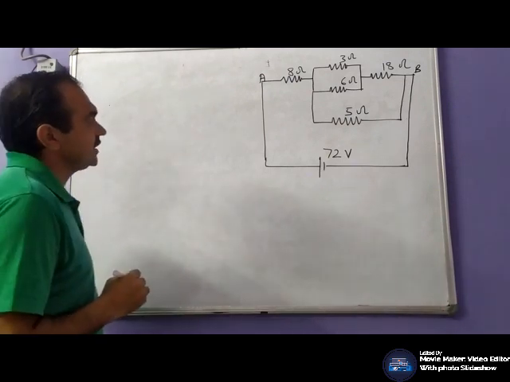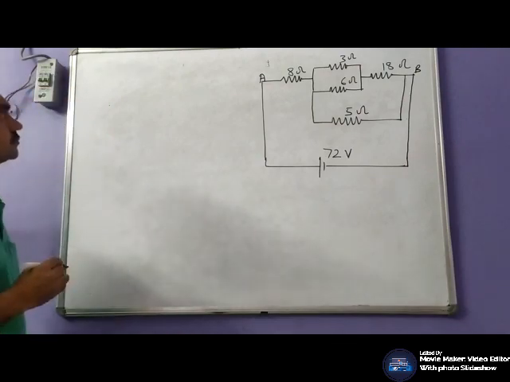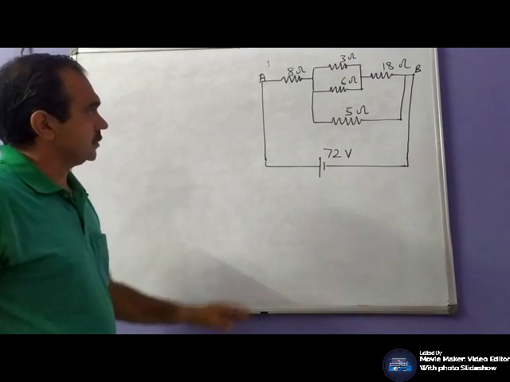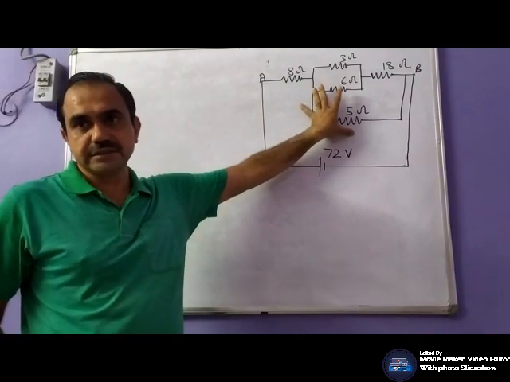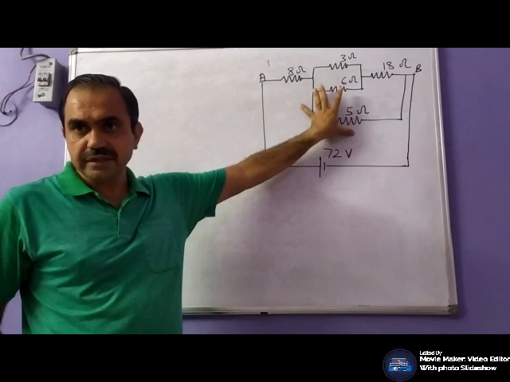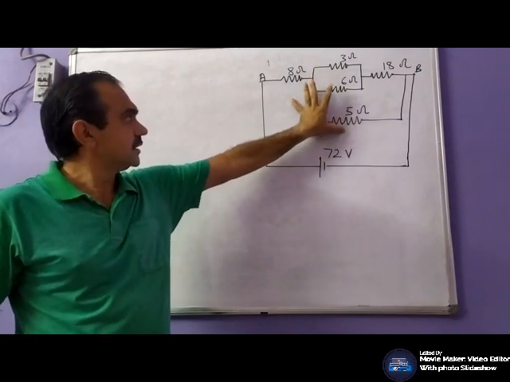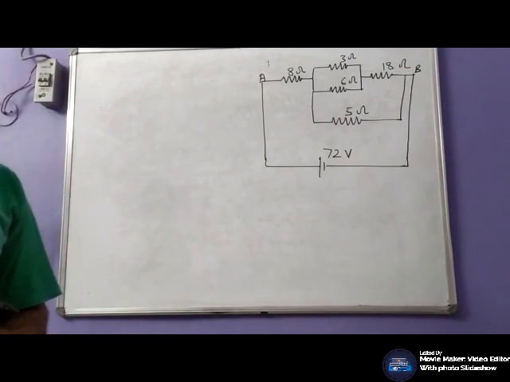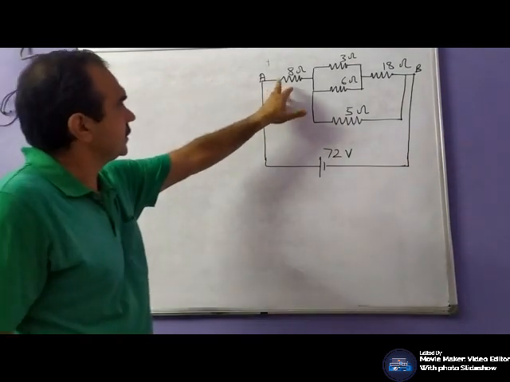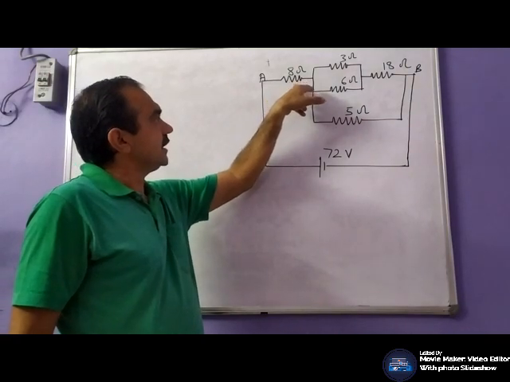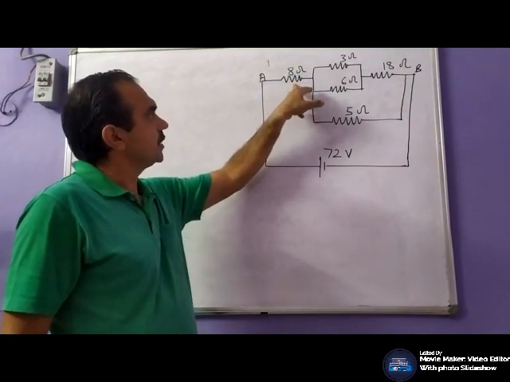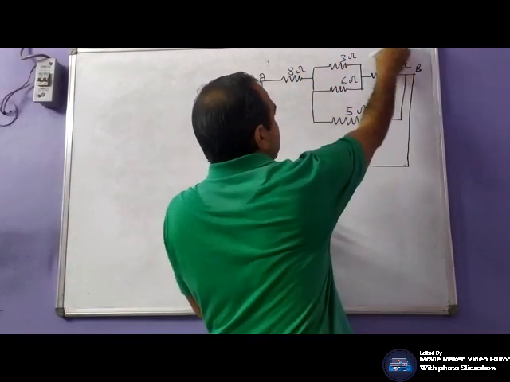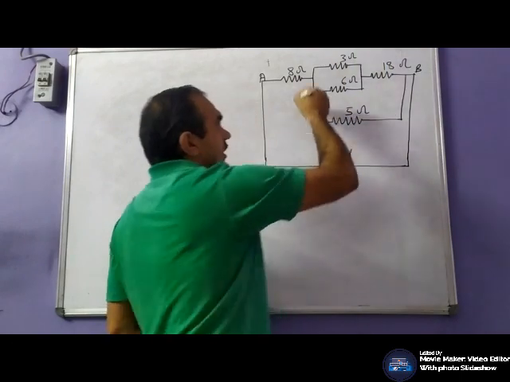Now let's see. First, find the equivalent resistance. How will you find it? See the circuit and then simplify it. This 8 ohm is connected in series with the remaining whole combination.